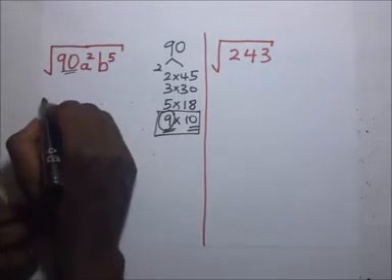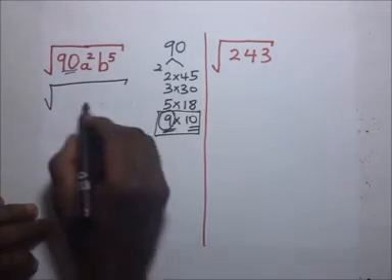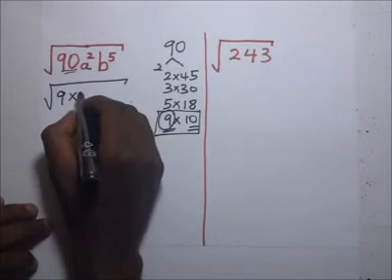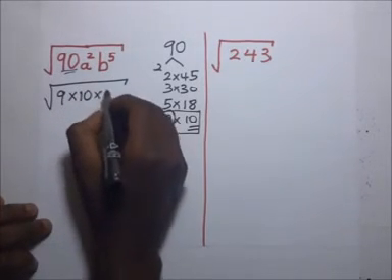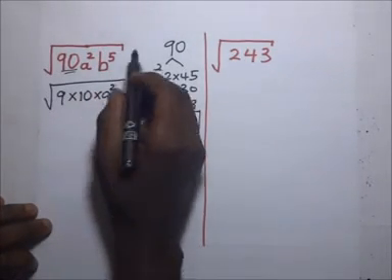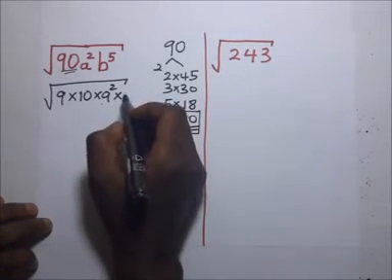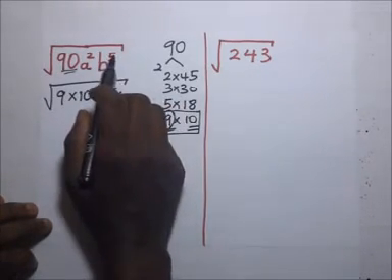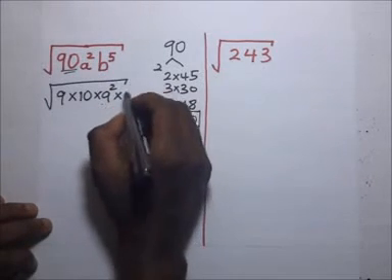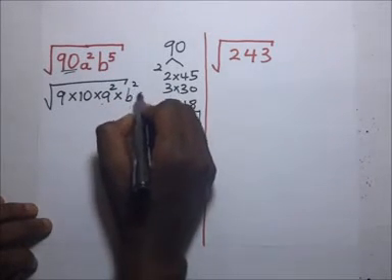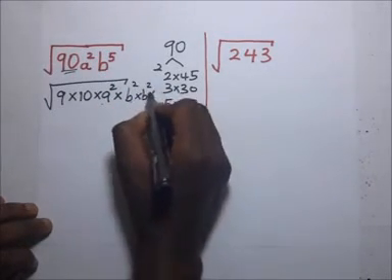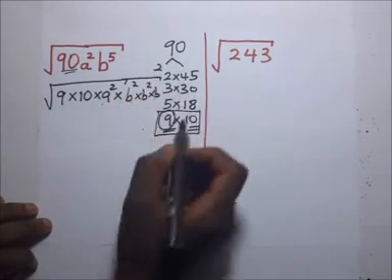So this is the same as saying it's going to be the square root of 9 times 10, times a squared, times now b to the power 5. Now b to the power 5 is the same as b squared times b squared times b, like that.